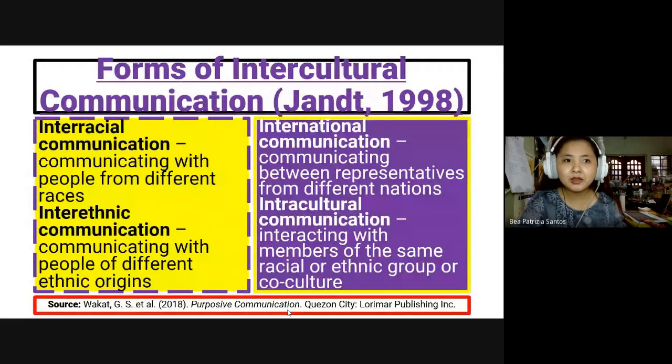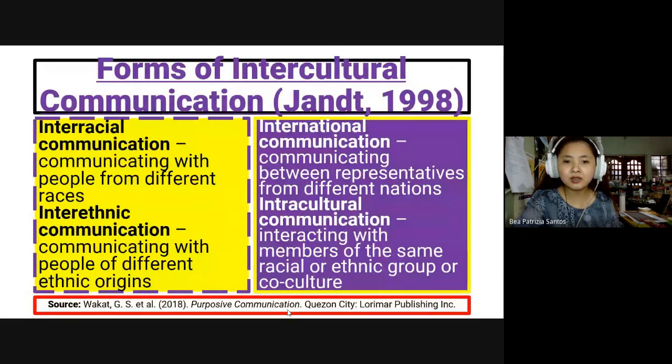Third, international communication, communicating between representatives from different nations. It's like the UN or United Nations meetings. And fourth, intracultural communication, interacting with members of the same racial or ethnic group or co-culture.